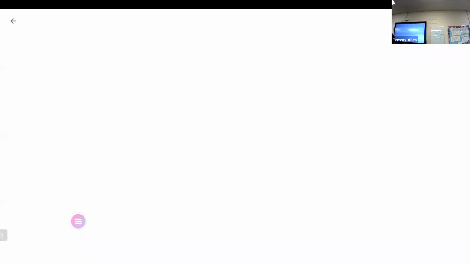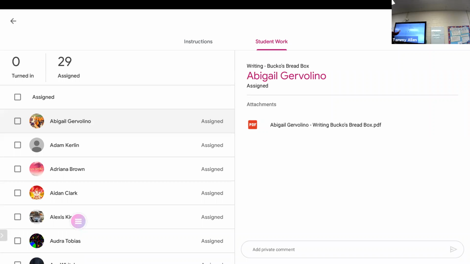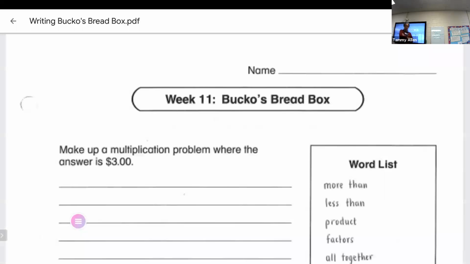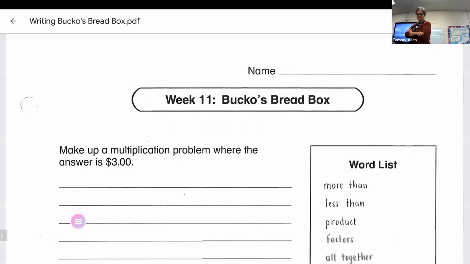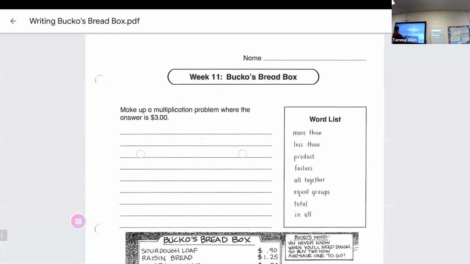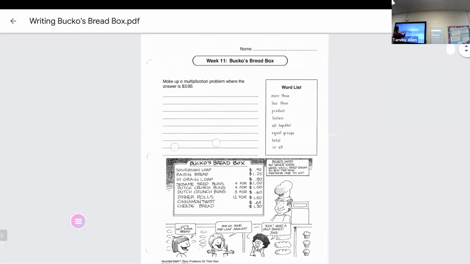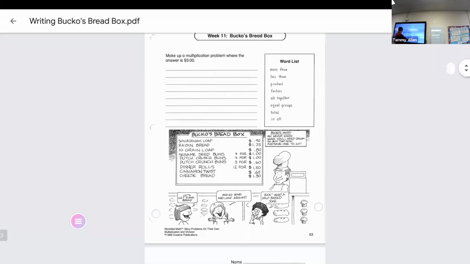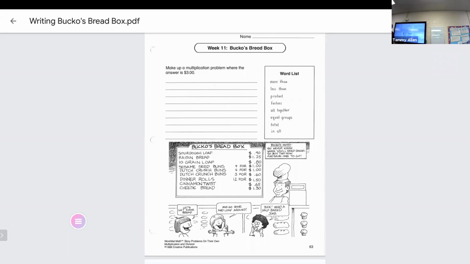Let's take a look at the math writing next, please. We should be on the side that is page 63 at the bottom.